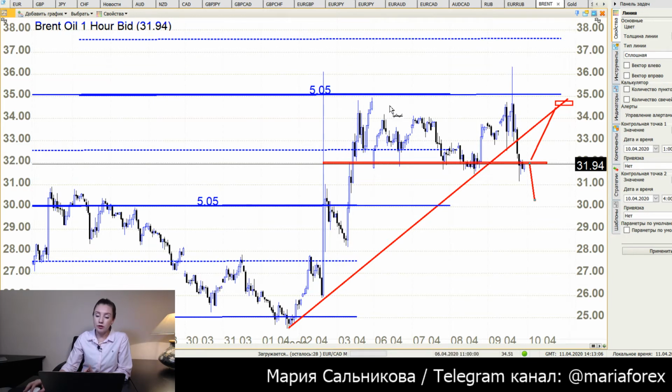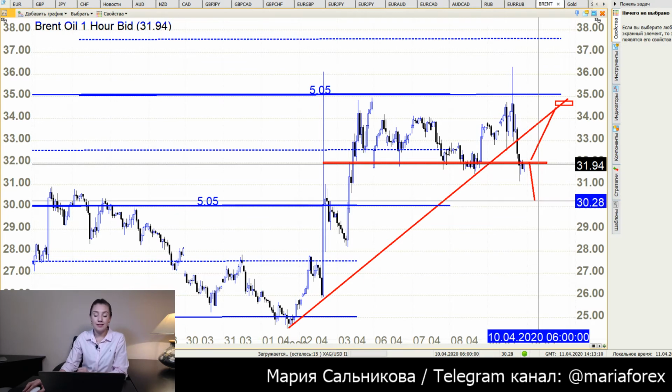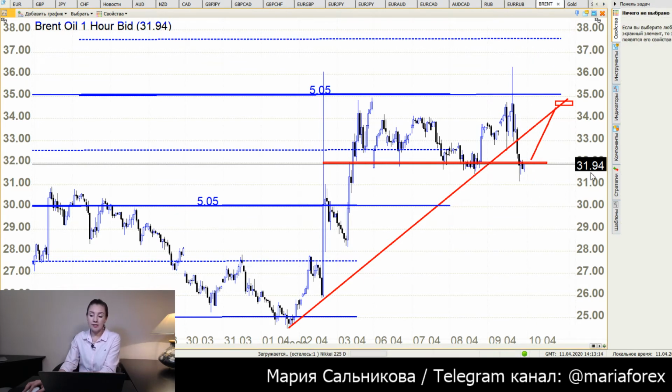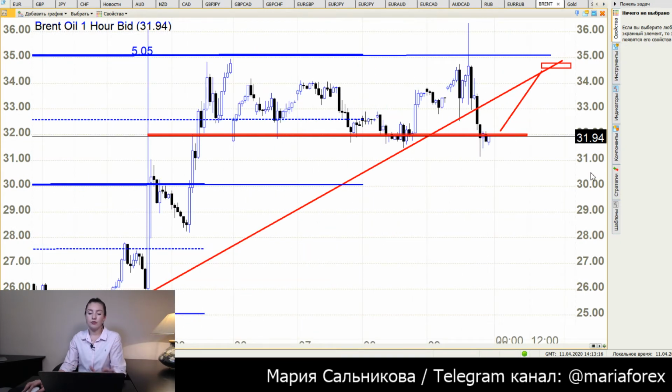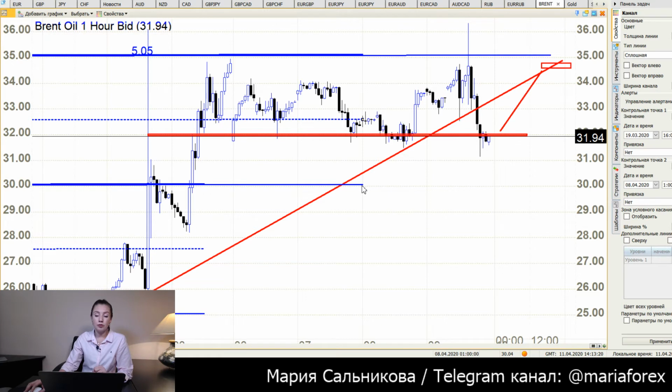I'm still trying to hold the idea that 30 is more important. I can't say that the 30 level is 100% a level, but that is something that I'm going to use and follow, and from here potentially to go up to 32.